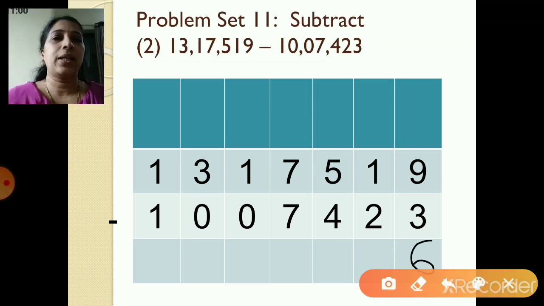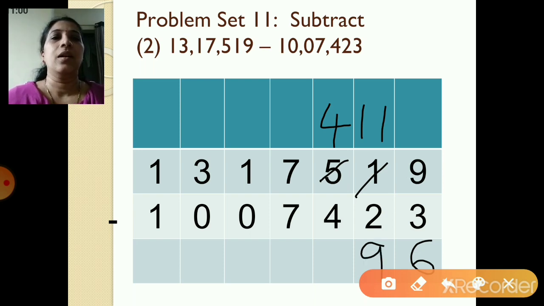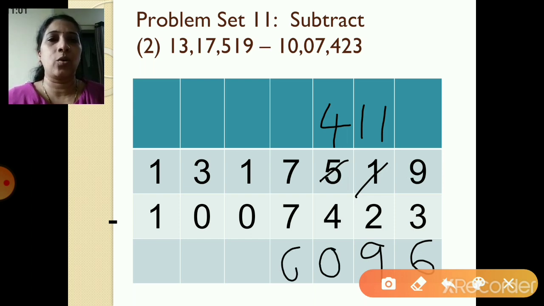Now 1 minus 2. You cannot subtract 2 from 1. So what you are going to do? You are going to borrow 1 from the hundreds place. So in the hundreds place it will become 4 and in the tens place it will become 11. So 11 minus 2 is 9. 4 minus 4 is 0. 7 minus 7 is 0.